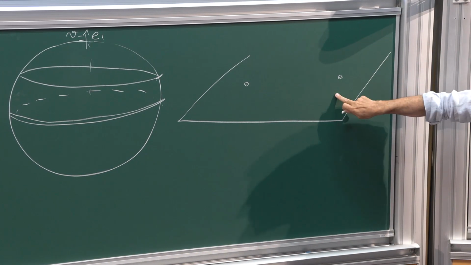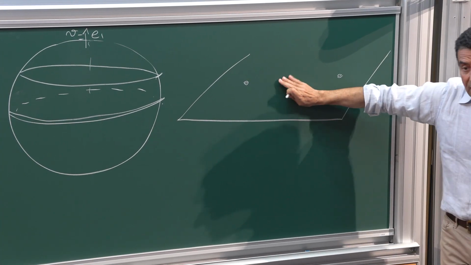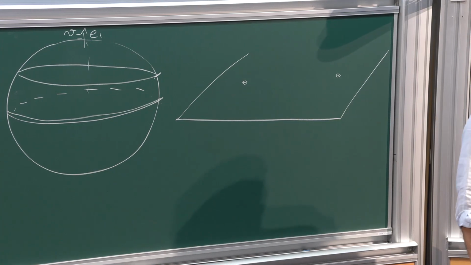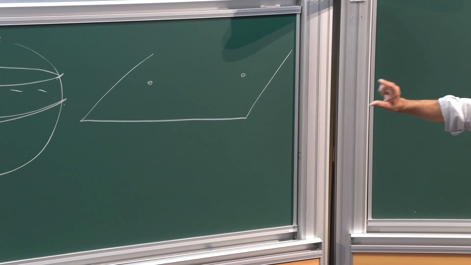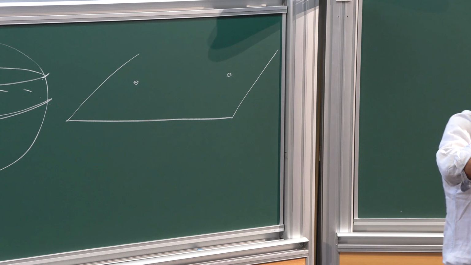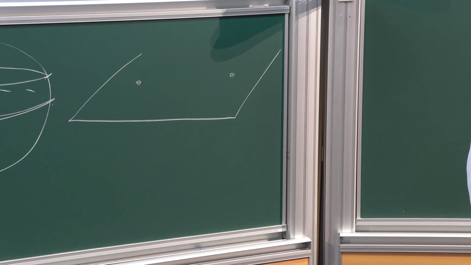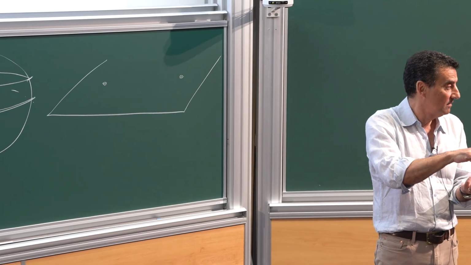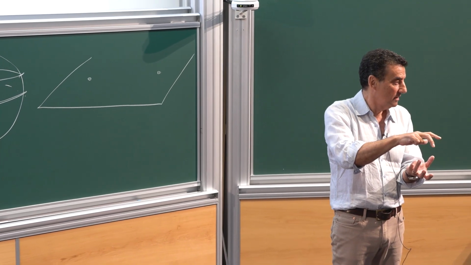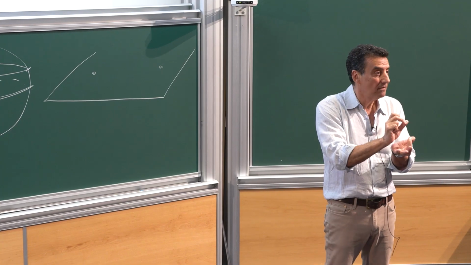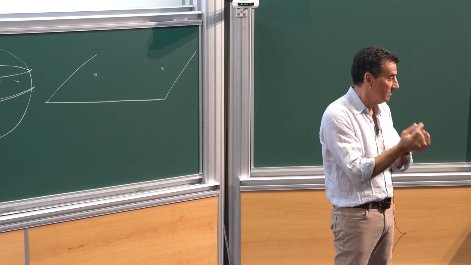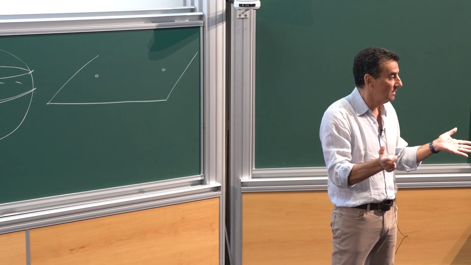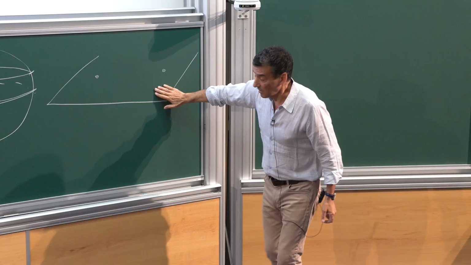These two things are the two hemispheres, and this is the equator. Why do I write it like this? Because the measure of a hemisphere, if you normalize the measure to be 1 for the sphere, is exponentially small in n. So the hemispheres are tiny. Everybody is at the equator. That's an obvious large deviation result. If you think a minute, it's trivial. So this is how we should think.